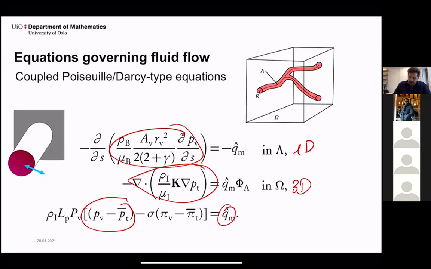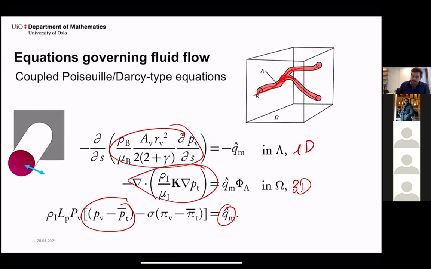So now our problem is that we wrote down one-dimensional equations for these network structures. They're for one segment, and then they're coupled by enforcing pressure continuity at the junction nodes. And we have these pressures now only at the center line, or we assume that we have some average pressure in the vessel.